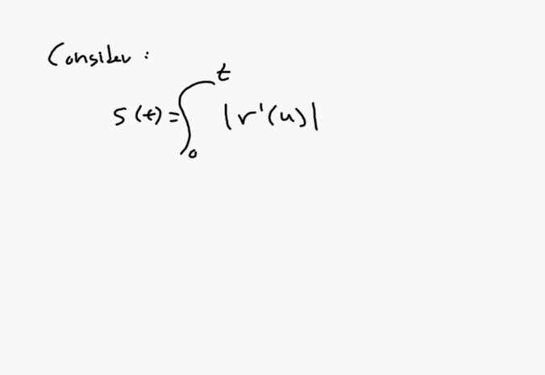All right, so next what I want you to do is consider the following integral. So I'm going to call this integral the following. I'm going to say s of t equals the integral from 0 to t, the norm of r prime of u du, not dt, sorry.